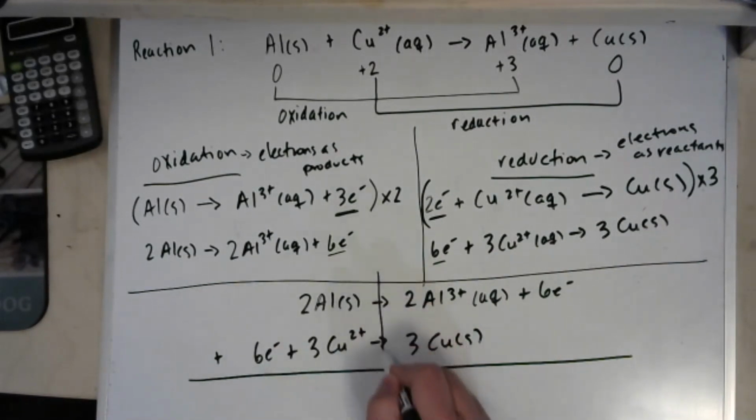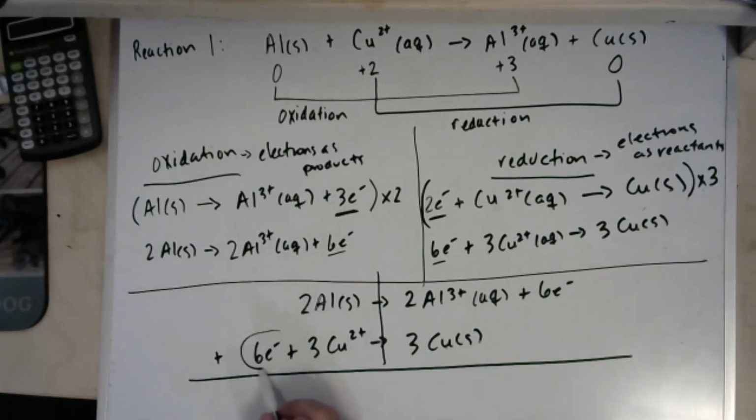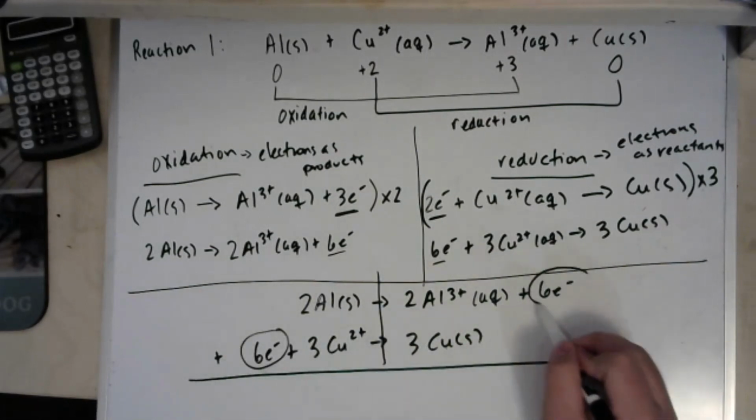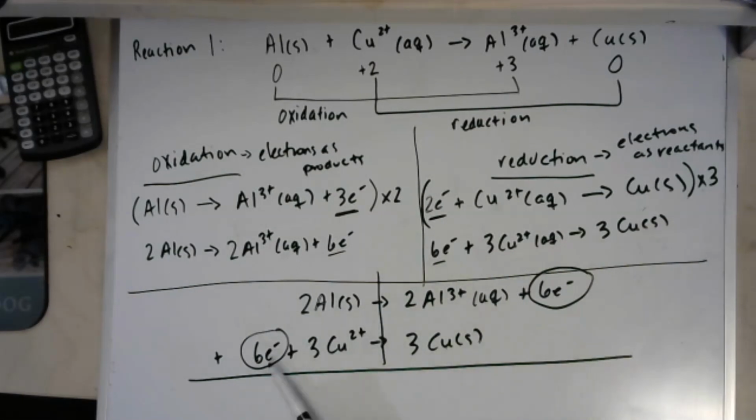So I like to draw my little line between the reactant side and the product side. And I'm going to focus in here on these electron values first. They're on opposite sides of this reaction arrow. So they're going to cancel out, and we want them to cancel out completely.